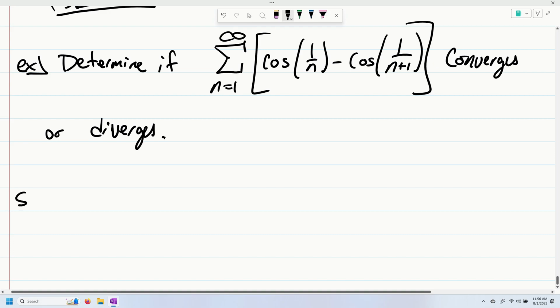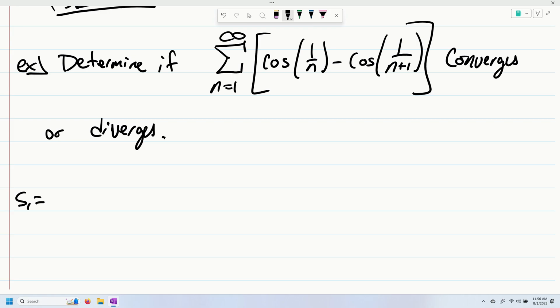All right, so the first thing we're going to do is start writing out some partial sums. For every single one of these, you need to start writing out partial sums. So we get the cosine of 1 minus the cosine of 1/2. That's our first partial sum.